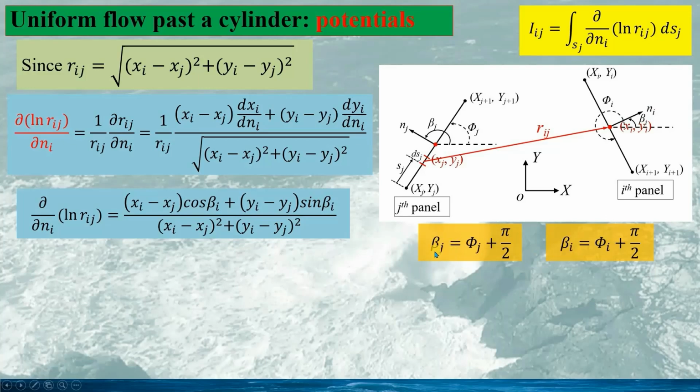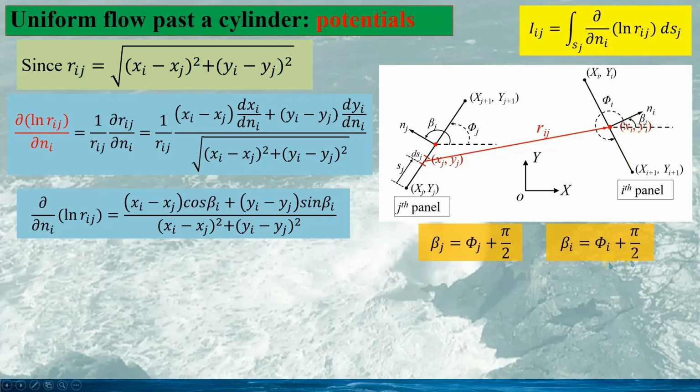And we have the relation between beta j and the capital phi j, beta I and the capital phi I. For this, we can easily see beta I equals capital phi j plus half pi. And for this, beta I equals phi I plus half pi.